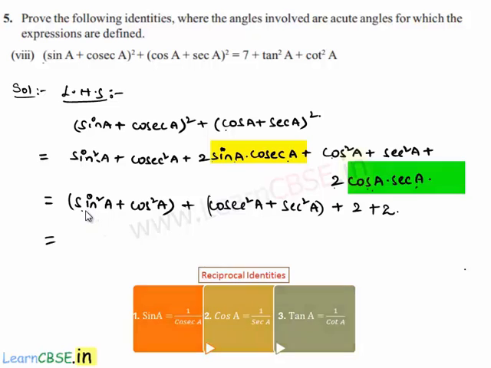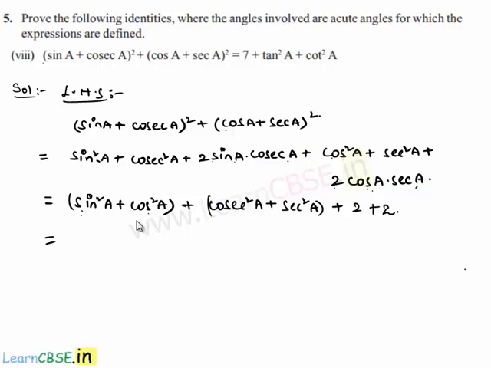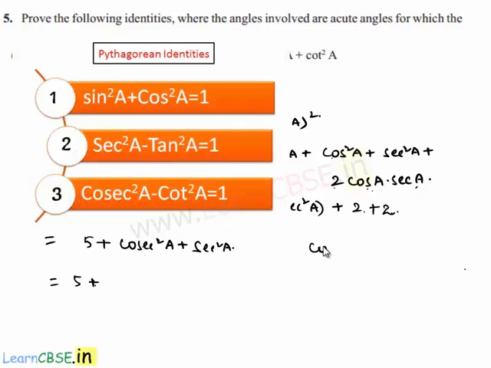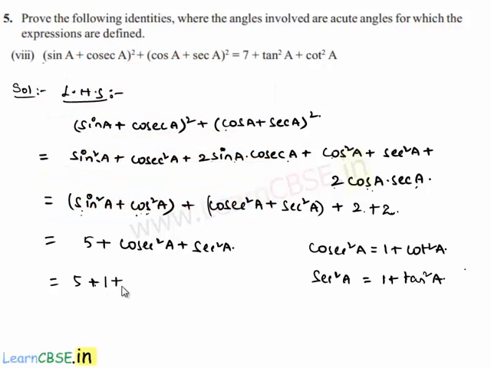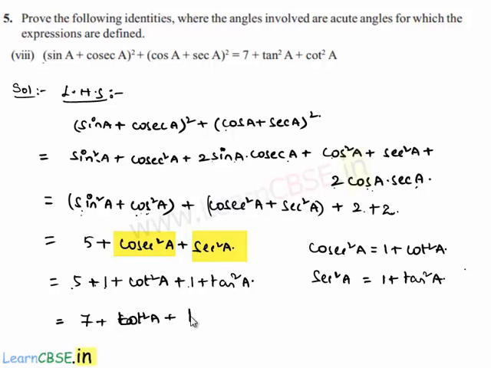So finally here, as we know from the identity that sin square A plus cos square A is equal to 1, by replacing it we get 1 plus 2 plus 2, that is 5, plus cosecant square A plus secant square A, which is equal to 5 plus, from the two identities, cosecant square A is equal to 1 plus cot square A and secant square A is equal to 1 plus tan square A. By substituting it here, we get the expression in terms of tan square A and cot square A. That will be equal to 5 plus 1 plus 1, which is 7, plus cot square A plus tan square A, which is nothing but our right hand side.